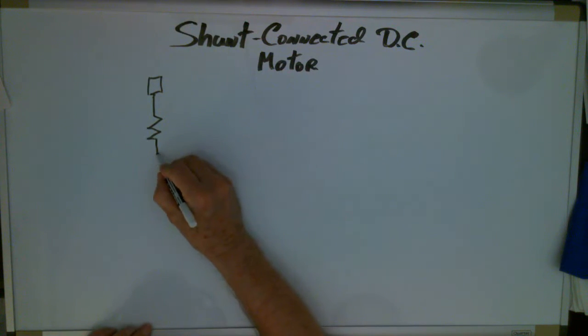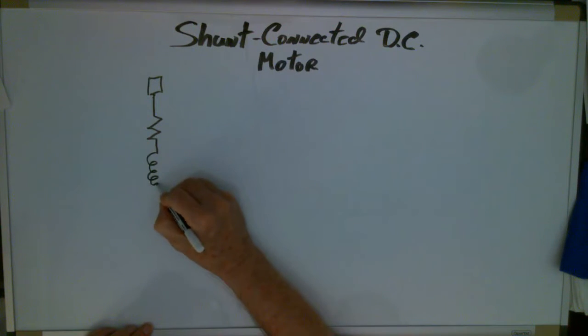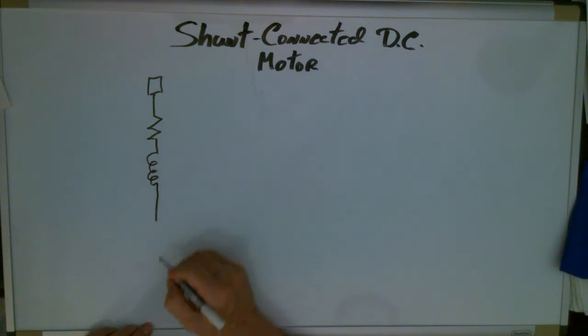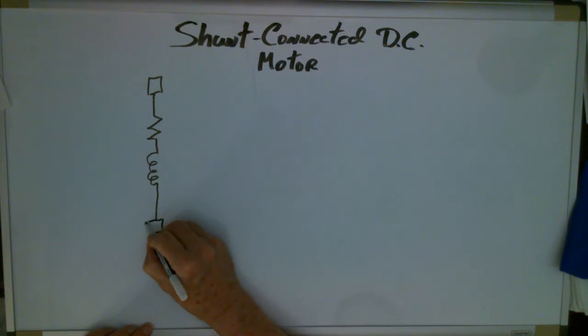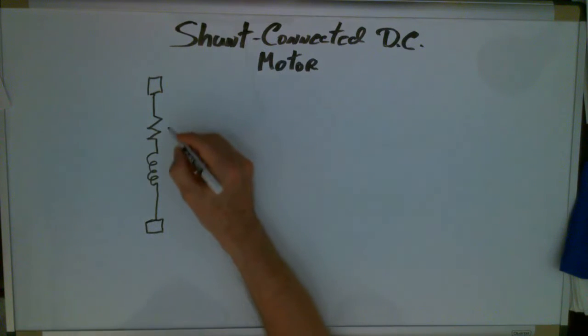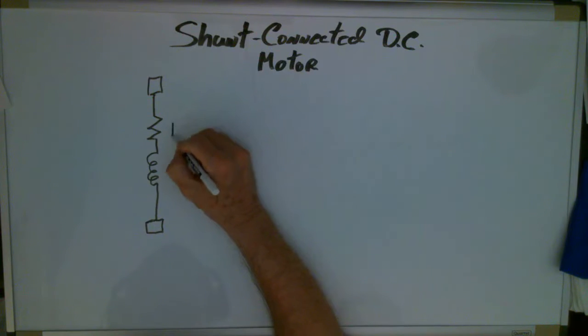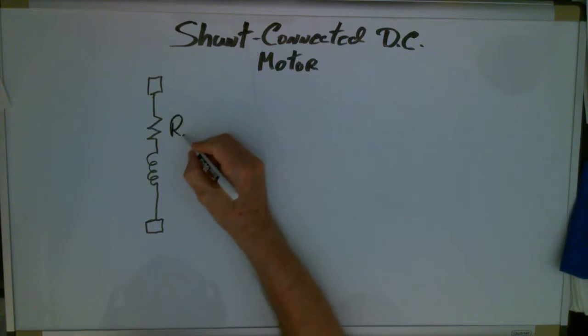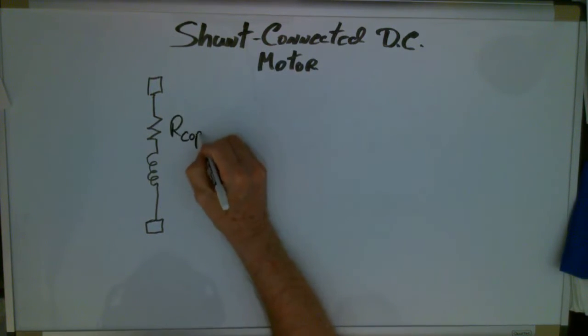We also will give a model, a coil, of the inductance of that same winding. For this semester, we're not going to talk about the inductance too much, but we have the resistance of the copper wire.